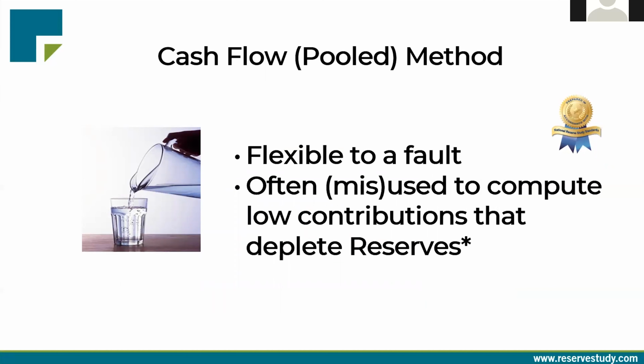So the cash flow method is nice and flexible, but too often it has been used to design contributions pursuing a risky baseline goal that runs the reservoir dry, as we were talking about earlier. I'm following along with you, and I'm loving what you're saying. Absolutely. You're making it real clear.